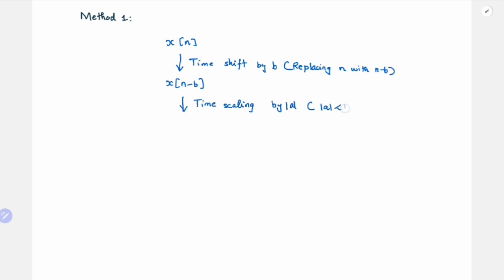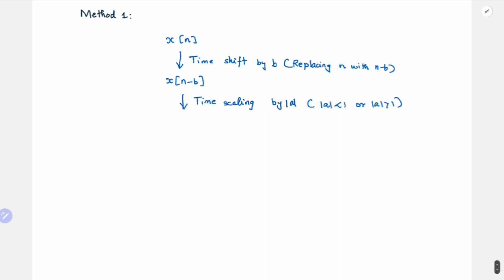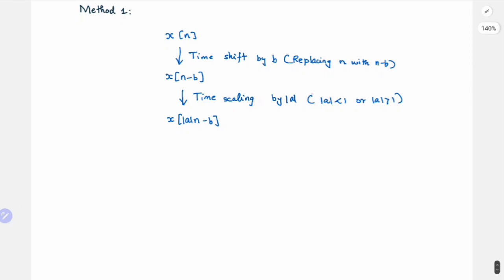So mod a can be less than 1 or mod a greater than 1, right? So this mod a I'm doing because I'm decoupling time scaling and time reversal. If you want, you can do them both together. So I'll get x of mod a n minus b. Depending on whether mod a is less than 1 or greater than 1, I have to scale it appropriately. It will be a time compression or time expansion, right?